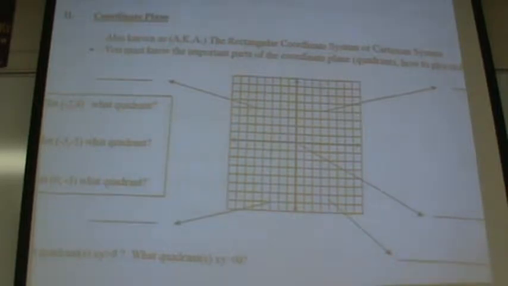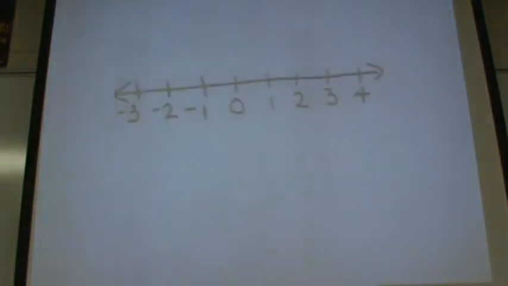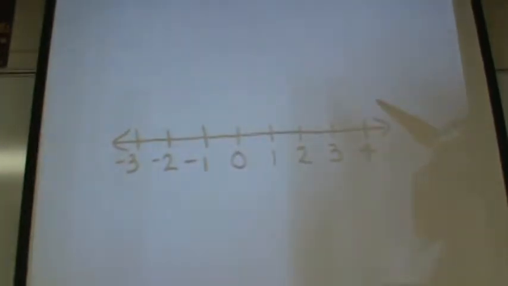Okay, now, do you remember in third grade, when we gave you a number line, and we said graph these numbers? If I said to plot 3, you'd put a dot right here, right?